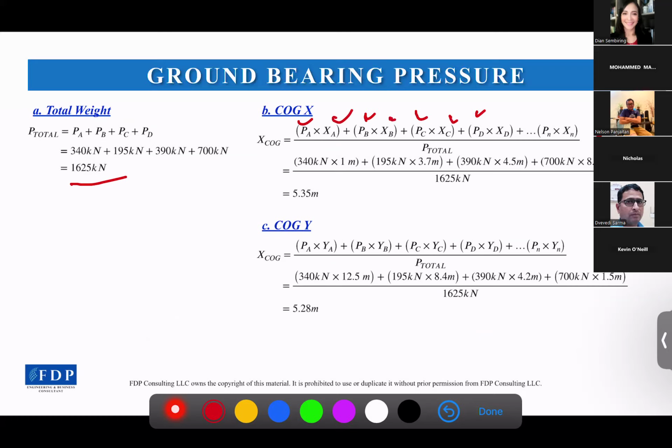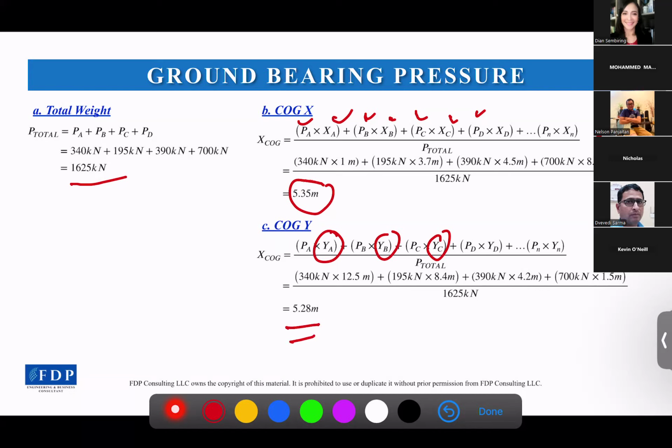So here we got the COG at the x-axis is about 5.35 meters. And if we want to get the COG in Y, then we input the weight of each item and multiply it with the Y coordinates here. And then we got the COG at the Y-axis is about 5.28 meters.